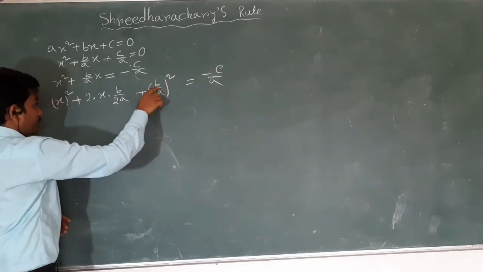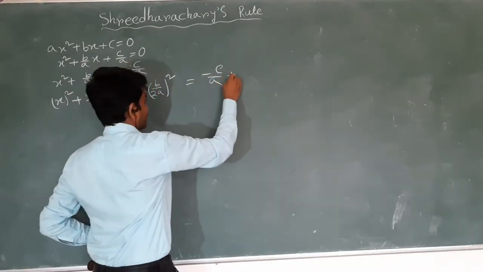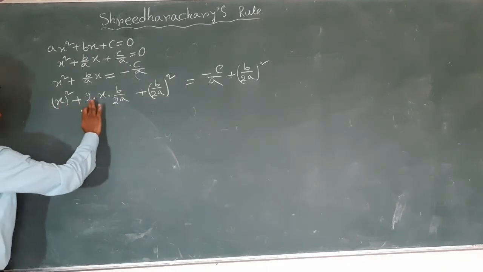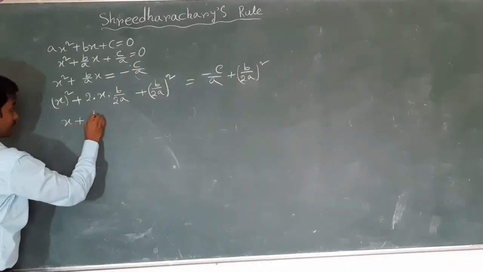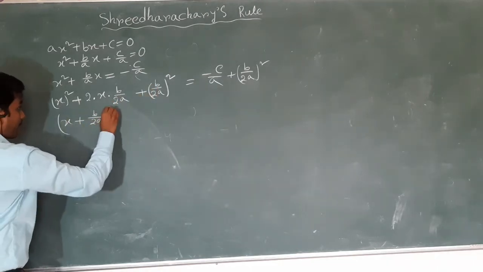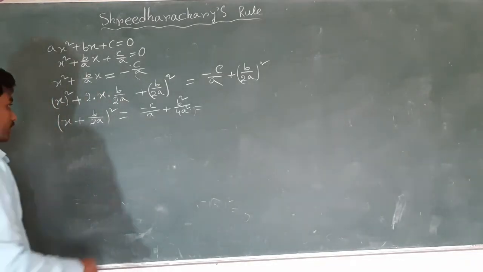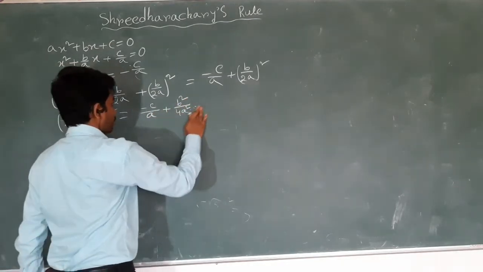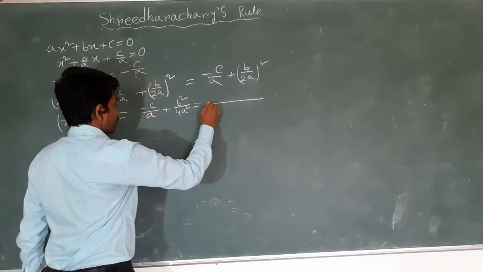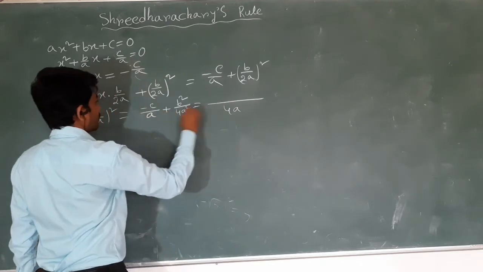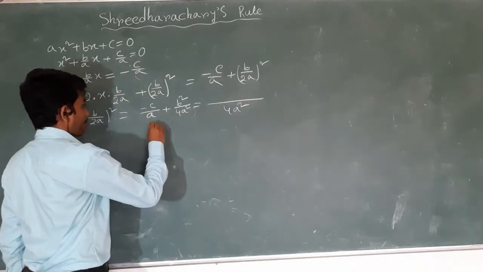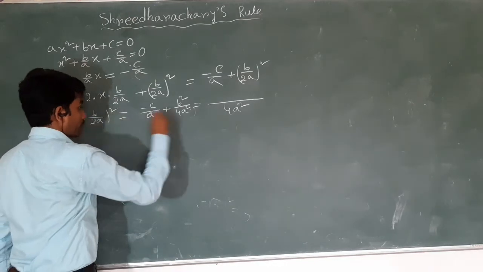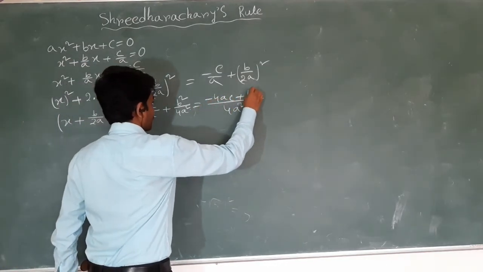So we have to add b upon 2a whole square on both sides. Using a square plus 2ab plus b square, a plus b whole square, is equal to b square upon 4a square. 4a square will be the denominator.